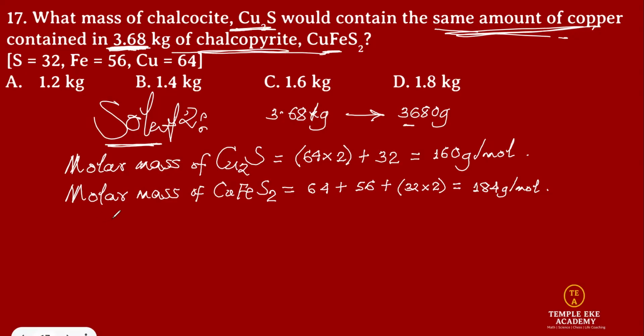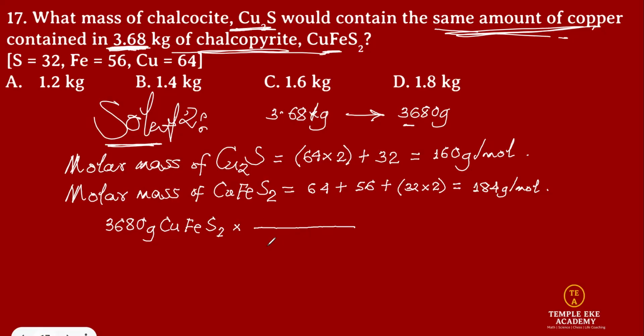We have 3,680 grams of chalcopyrite, CuFeS2. And now we have to rely on the relationships. Dimensional analysis requires elimination of the units on the left based on relationship. So the denominator is the target.